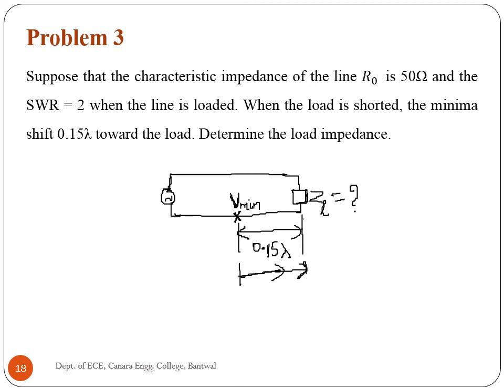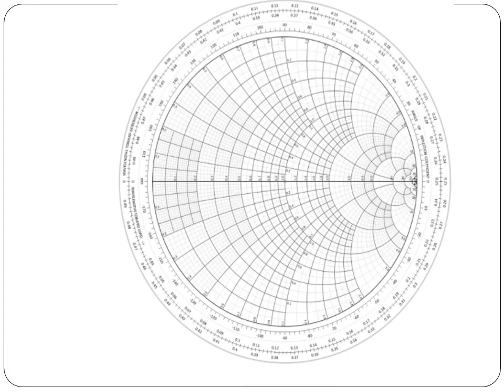We will solve this using the Smith chart. SWR is equal to 2. It's given in the problem. Plot the SWR circle for rho equal to 2. We know that the horizontal radius to the right of the chart center corresponds to rho.